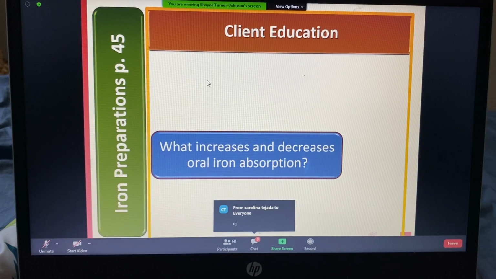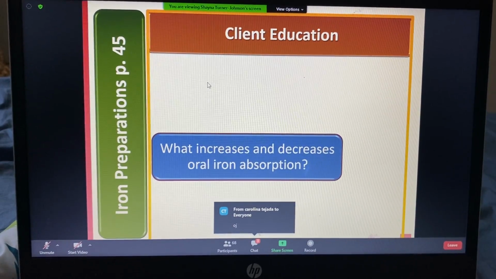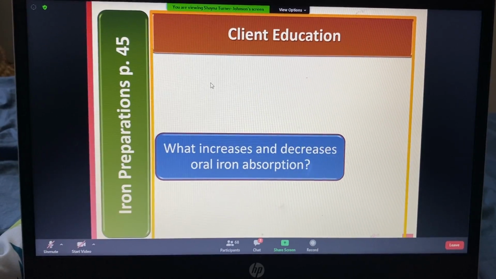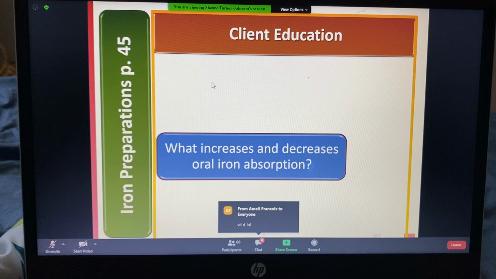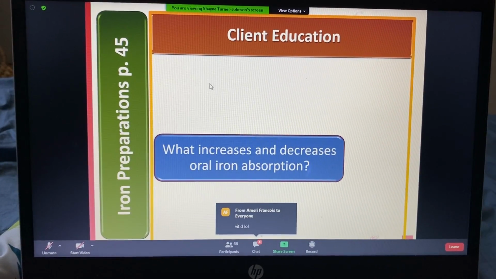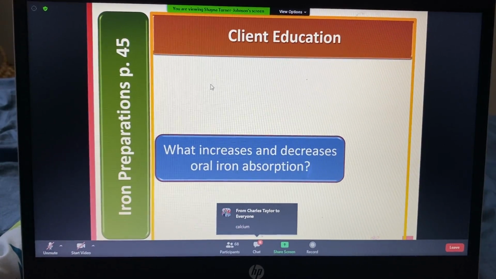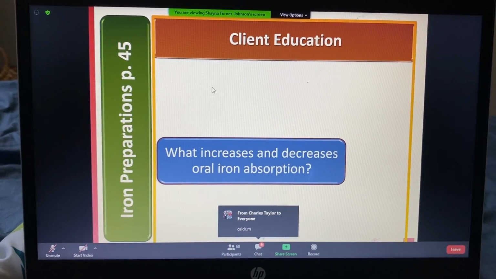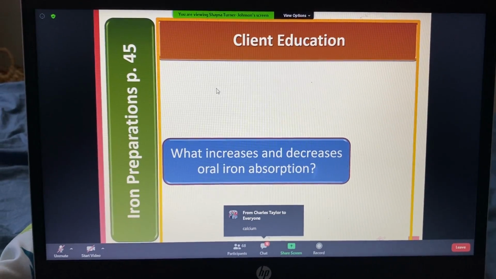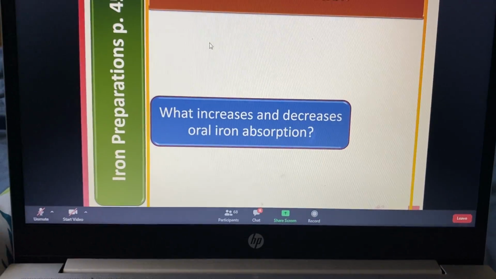Okay, with or without food. Ideally, we give it without food. It's best absorbed without food, but a lot of people do not tolerate it without food. So if we give it with food, we may just have to give bigger dosages. Vitamin C increases absorption, so giving it with a little glass of orange juice is actually really good. Calcium, on the other hand, as well as antacids or teas or coffees, decrease absorption of it.